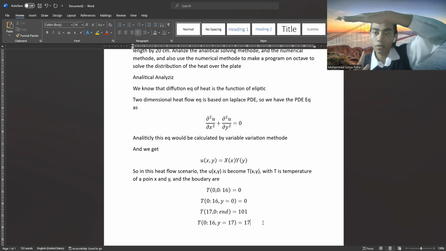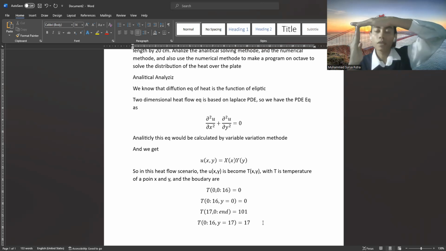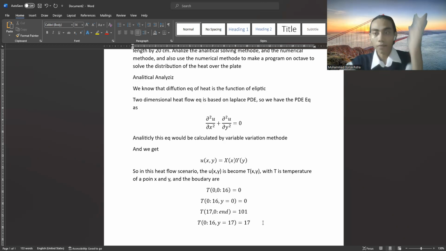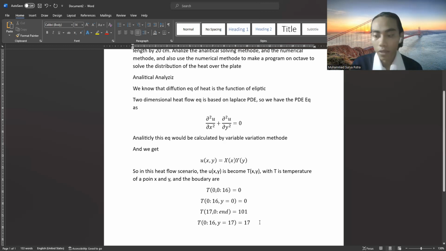They have different temperatures: 17 degrees Celsius, and this has the temperature of 101 degrees Celsius. And this end has the temperature of zero. So this is the boundary.